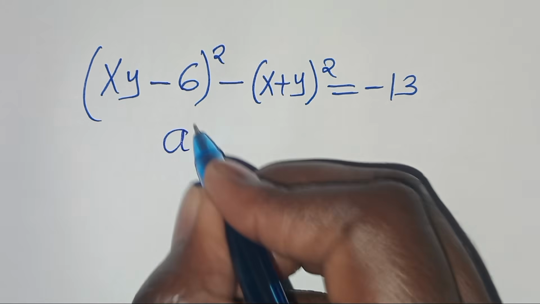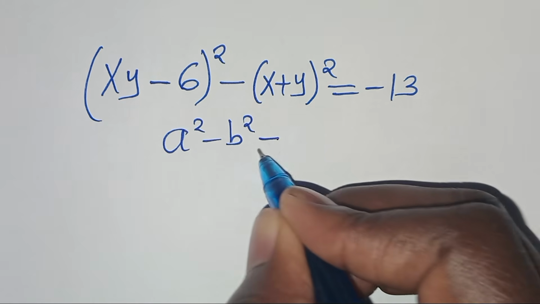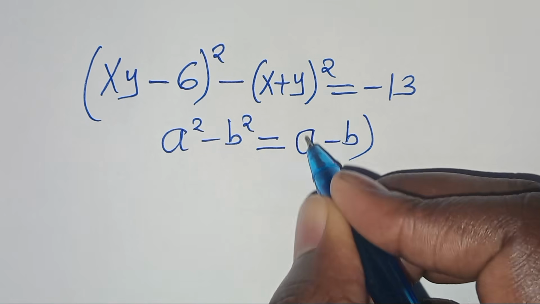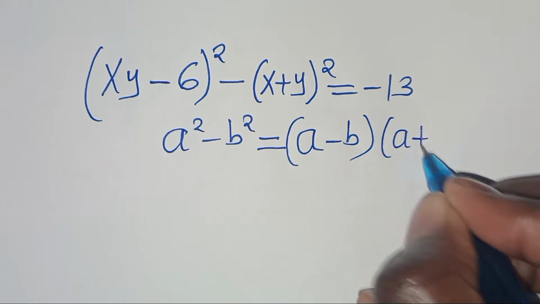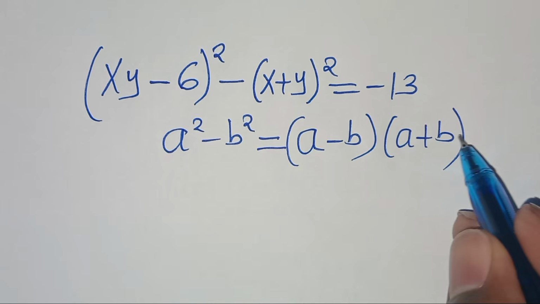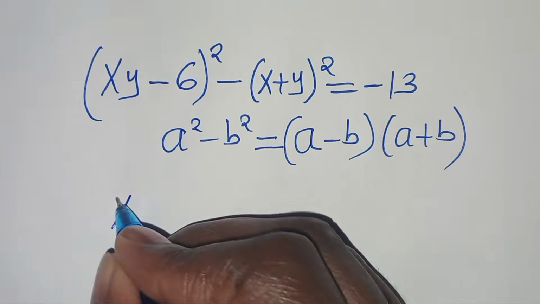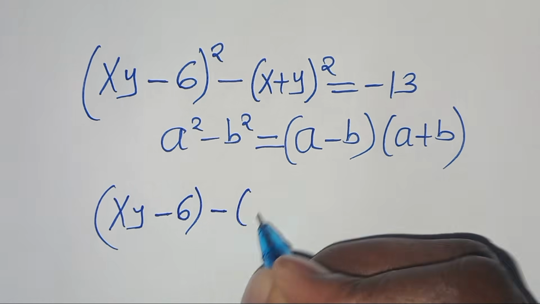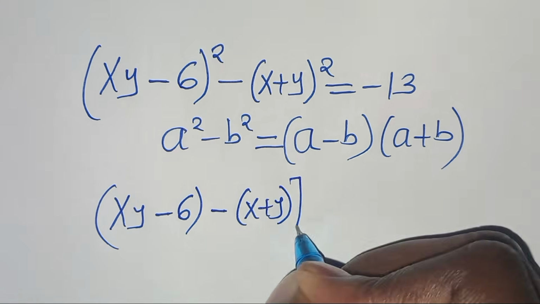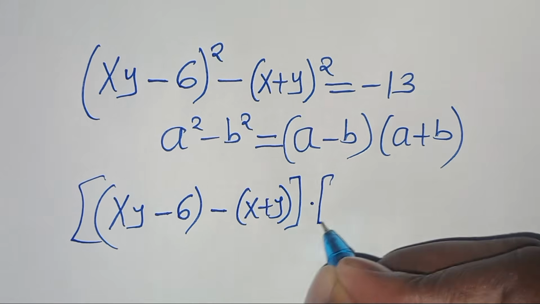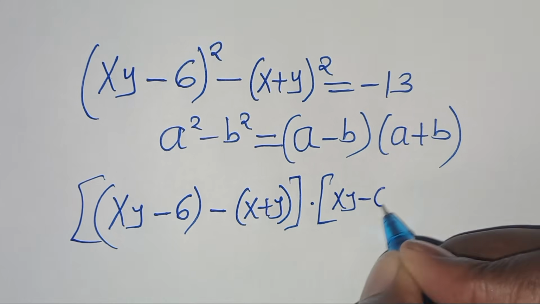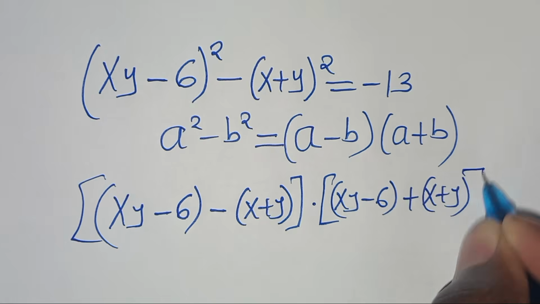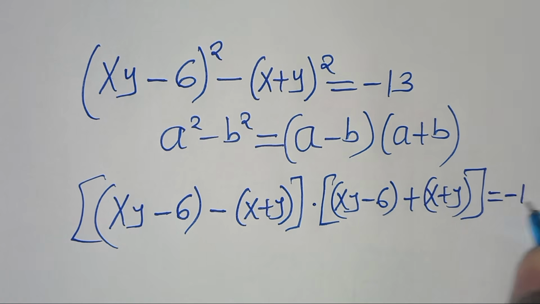This is in the form of a^2 - b^2, the difference of two perfect squares, that you can express as (a - b)(a + b). Applying this identity, here we have (xy - 6 - (x + y)) multiplied by (xy - 6 + (x + y)), close the parentheses, this is equal to -13.